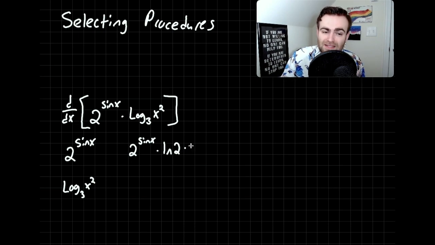Now the derivative of the inside would be the cosine of x. The derivative of the log base 3 of x squared, the derivative of the outside, would be 1 over x squared times the natural log of 3. That's the derivative of the outside, keeping the inside the same, times the derivative of the inside, which would be 2x.